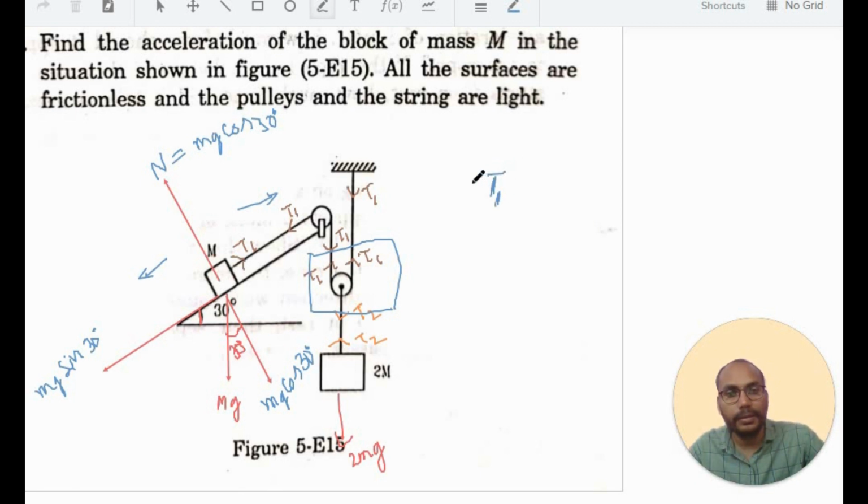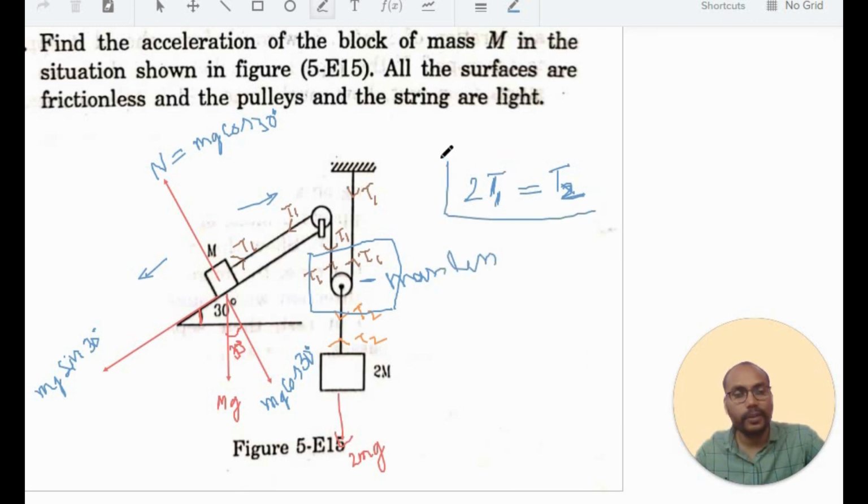There is tensional force 2 into T1, and in the downward direction tensional force T2. Since this pulley is massless, we can write this equation: 2T1 equals T2.